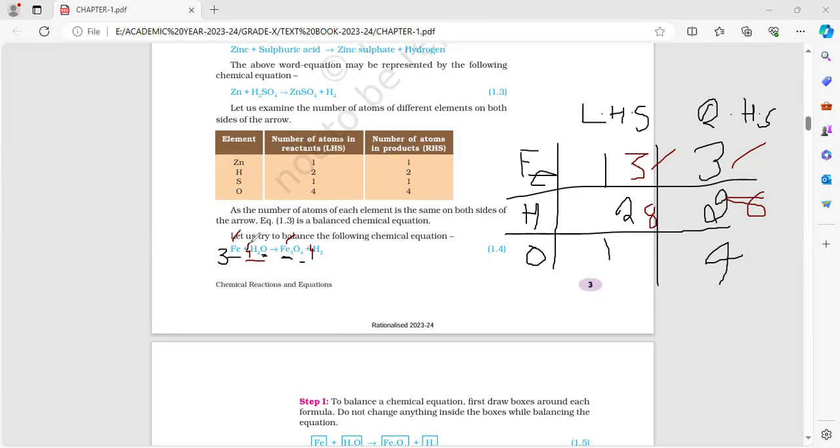On the left side we see four oxygen. On the right hand side, how many oxygen? Four. Is it balanced? Yes.